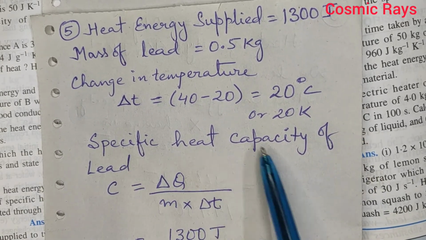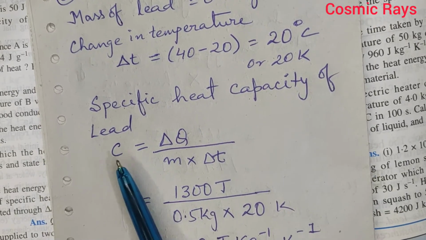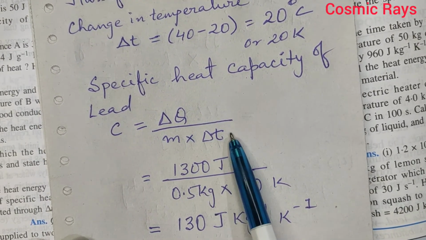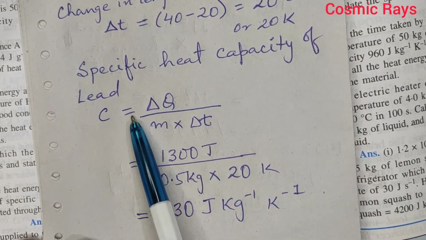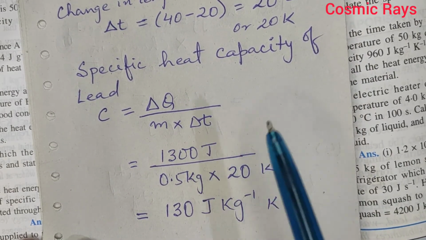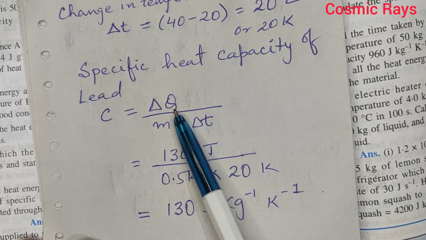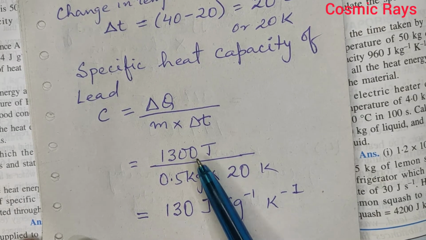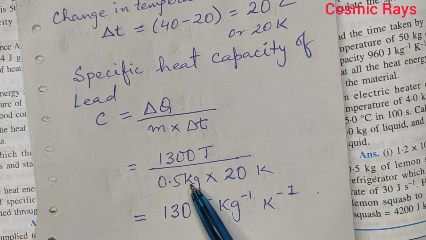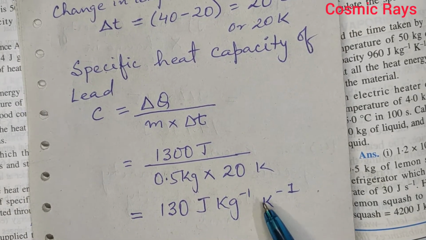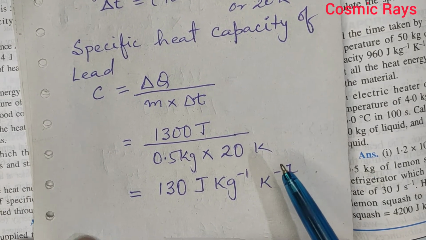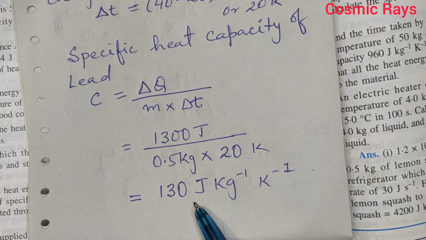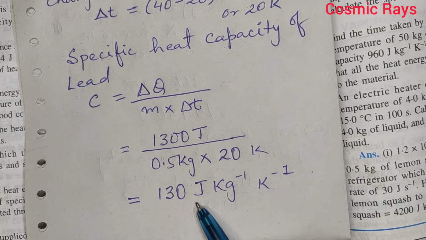Now specific heat capacity of lead, that is C, this comes from the formula delta Q is equal to MC delta T. So from there C is equal to delta Q upon M cross delta T. So delta Q, that is heat supplied, is 1300 joules, mass is 0.5 kg, and the change in temperature is 20 Kelvin. So when you simplify it, the answer comes out to be 130 joules per kg per Kelvin.